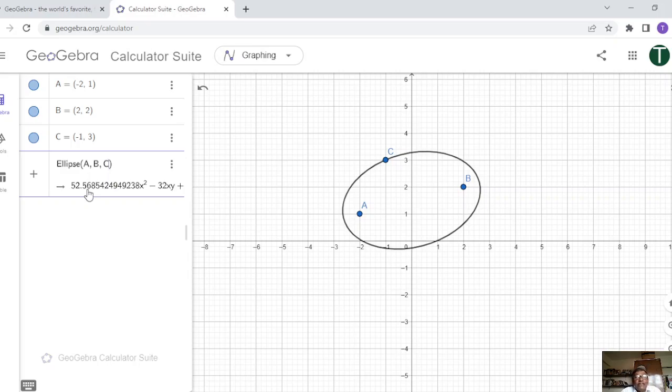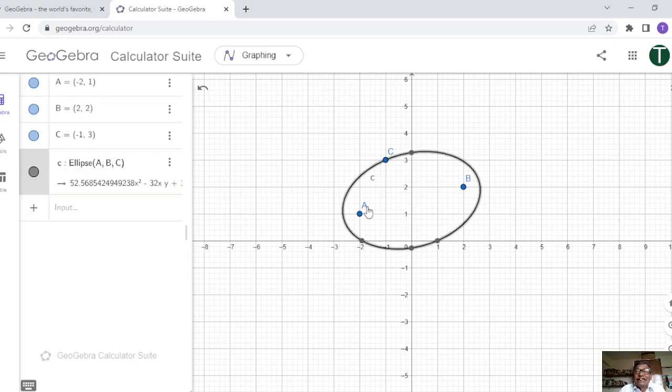Okay, that is fine. But mind you, this is the thing. If you move C, it will simply give you different ellipses. But C is not restricted to this curve alone.